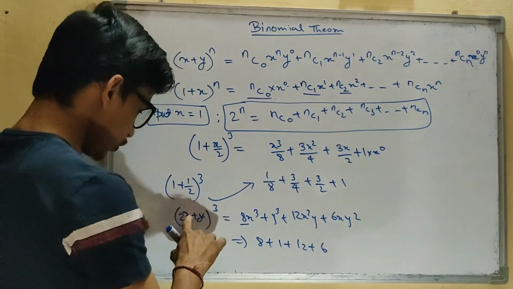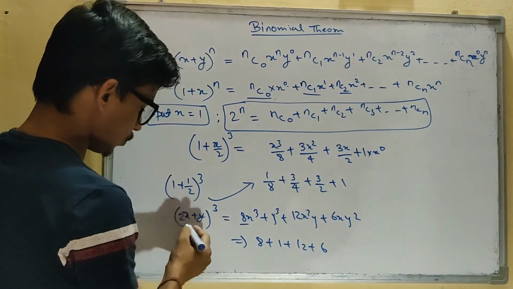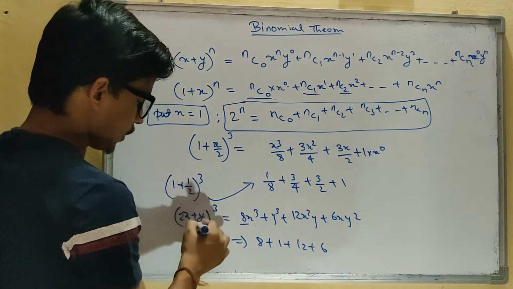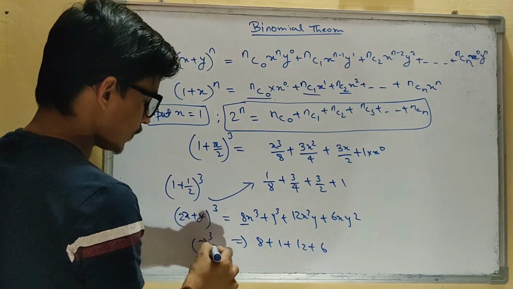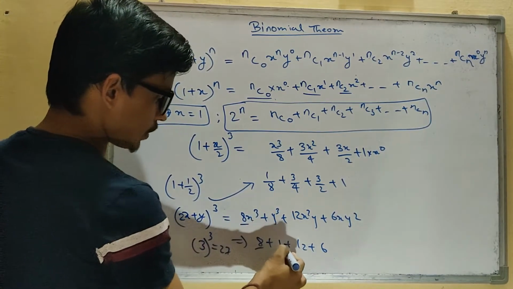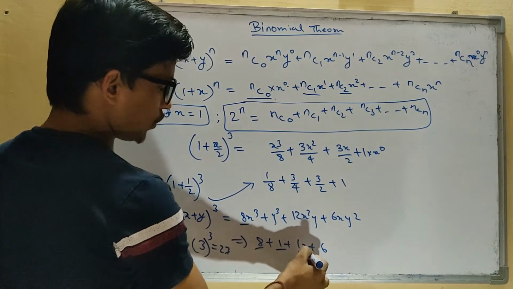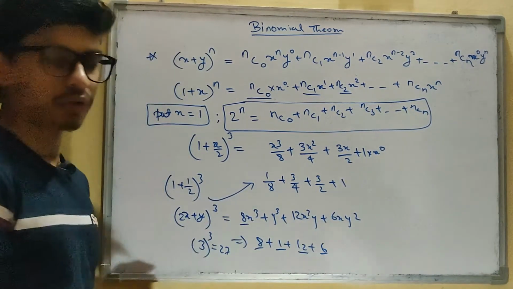If you put x and y as 1, it is going to be 2 plus 1, which is 3, and 3 to the power 3 is 27. Adding them: 8 plus 1 is 9, plus 12 is 21, plus 6 is 27. So both are the same.